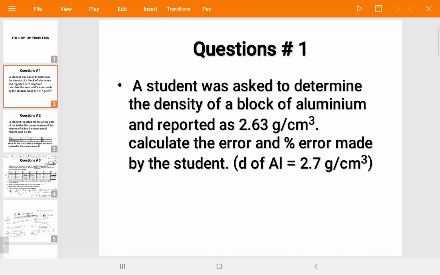So, a student was asked to determine the density of a block of aluminum and reported it as 2.63. Calculate the error and percent error made by the student. Now, assume that this is the accepted value.